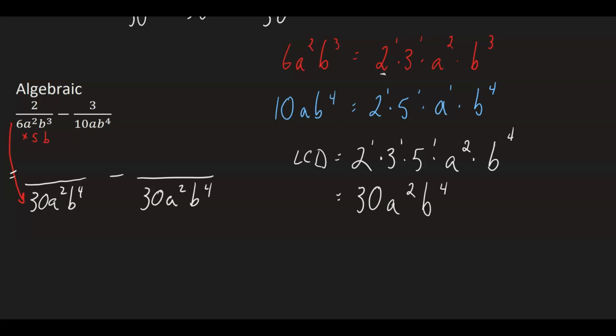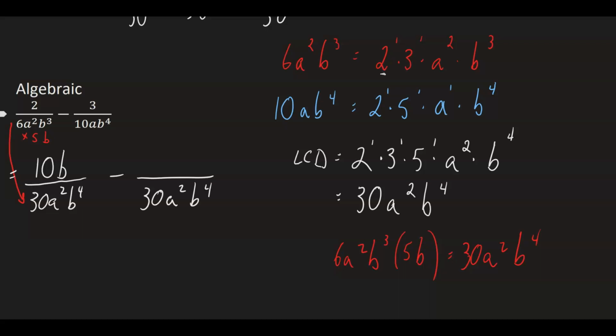Okay, so if I multiply this, let's look at that. 6a squared b cubed times 5b, we will get 6 times 5 is 30, a squared b to the 4. That's what we want, right? So we should do the same thing to the numerator, 2 times 5b. And 2 times 5b will be 10b.